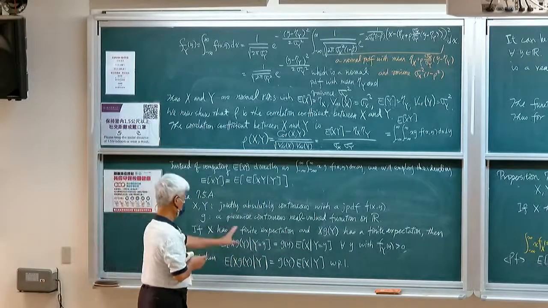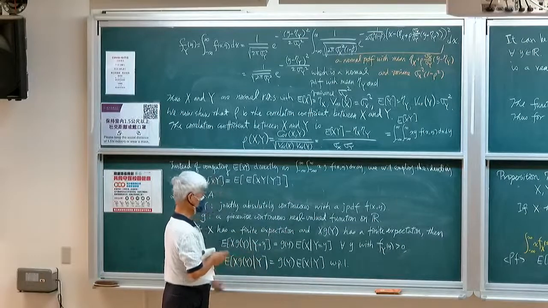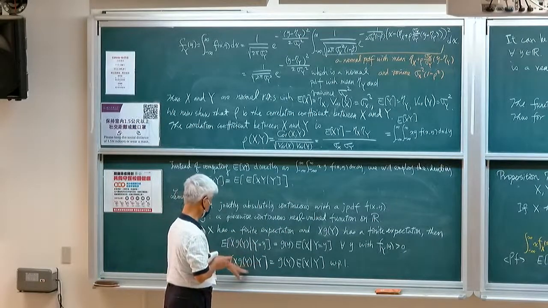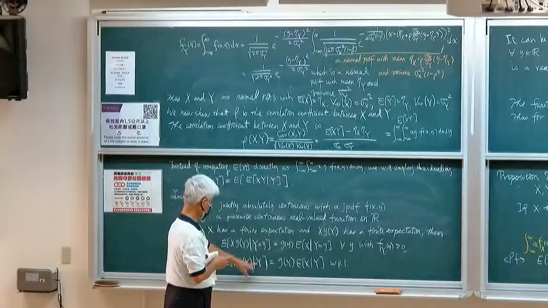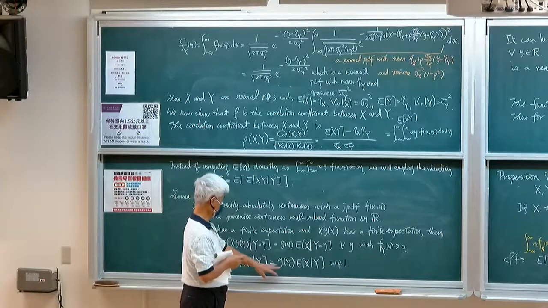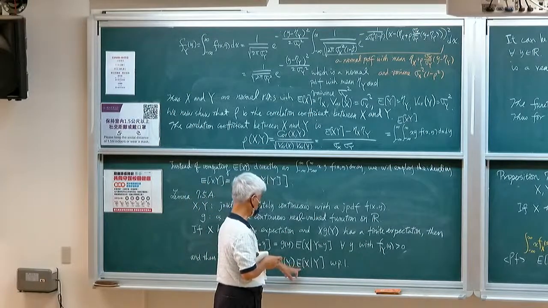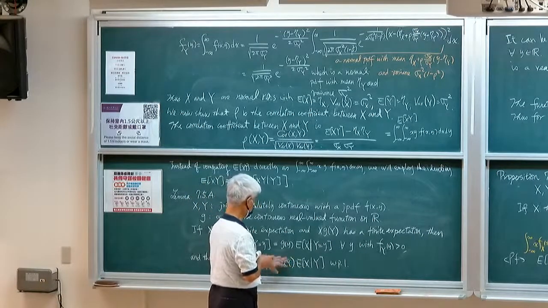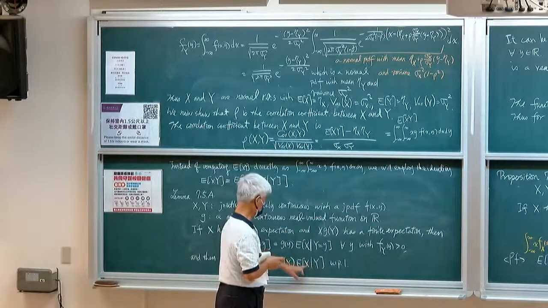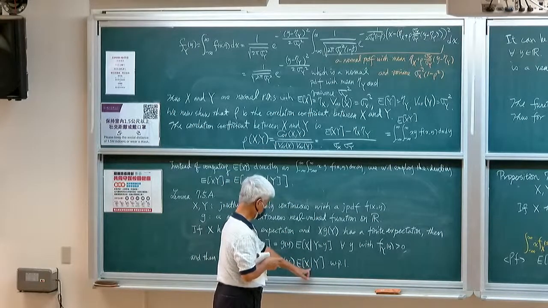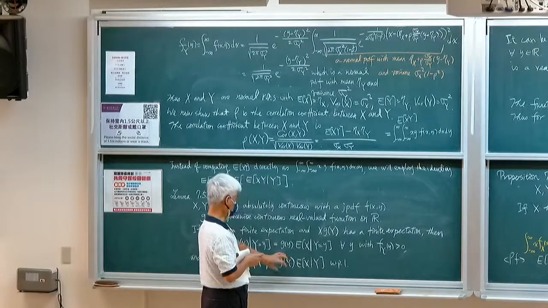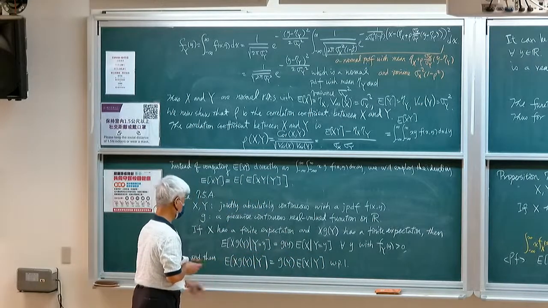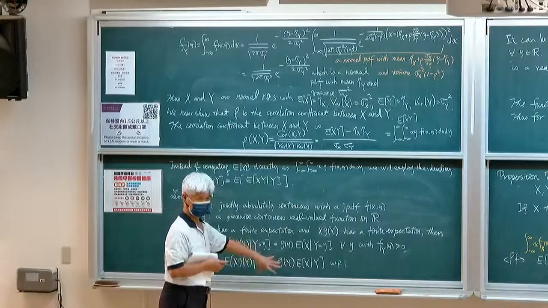So by using the random variable version, the conditional expectation of this product given random variable Y is the product of two random variables: the random variable g of Y times the conditional expectation of random variable X given random variable Y. This is a function of Y, this is also a function of Y, and this is a function of Y again.